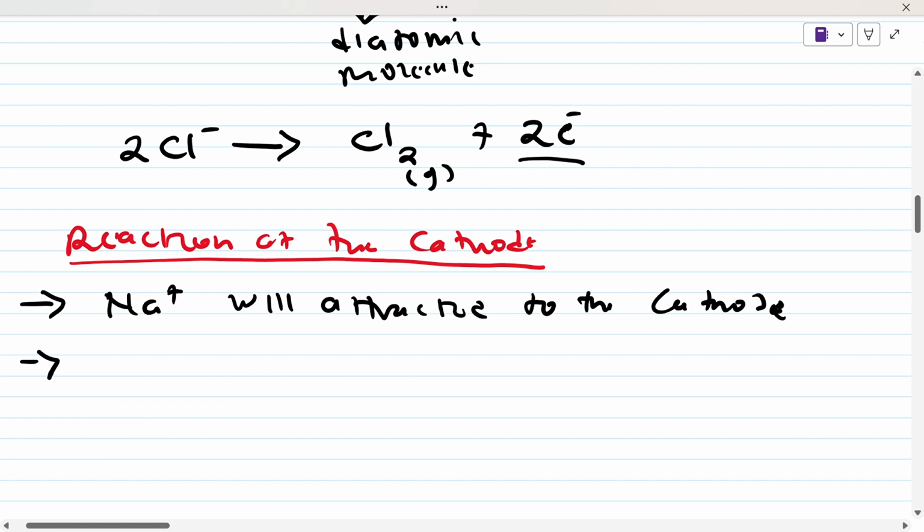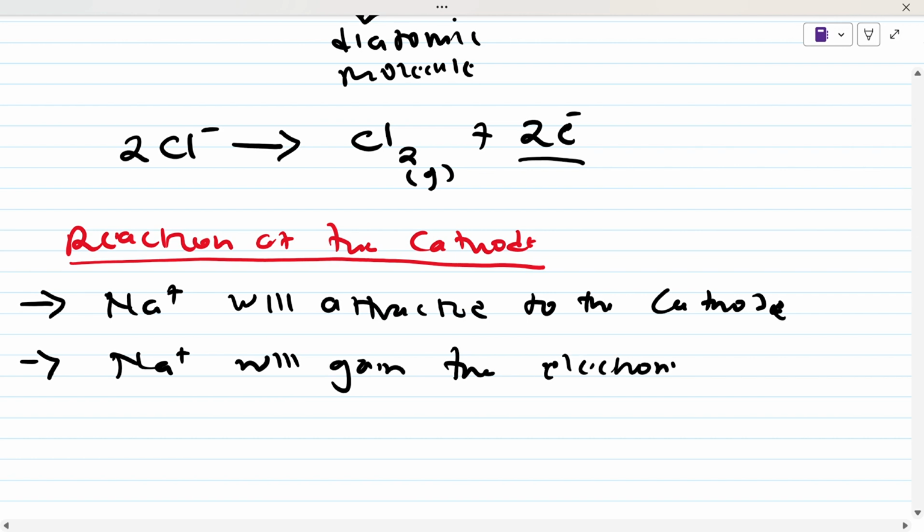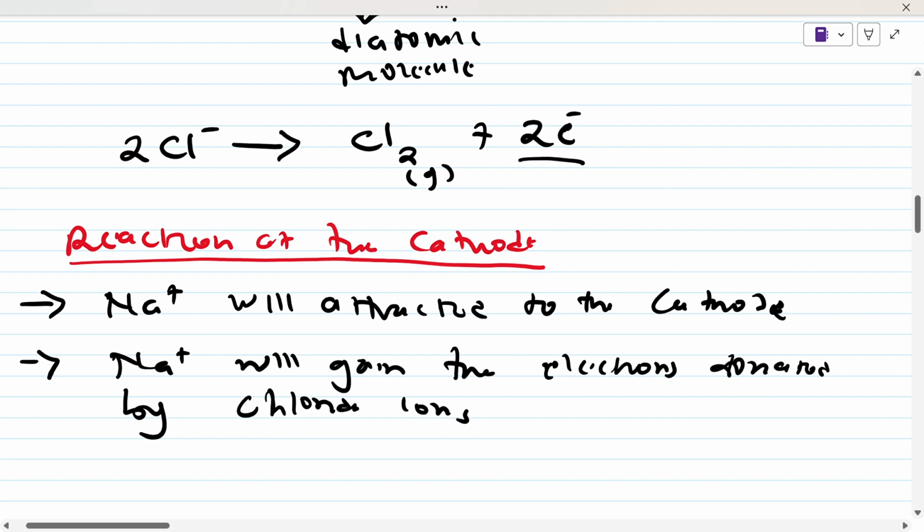And what will happen? Sodium ion will gain the electrons donated by chloride ions.